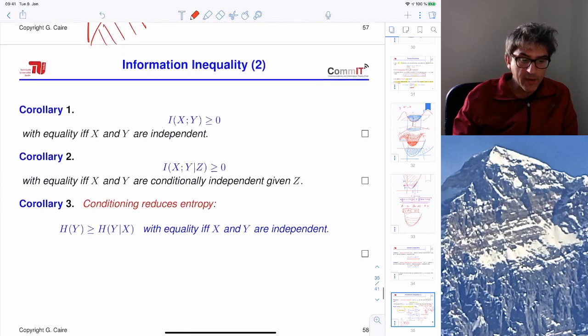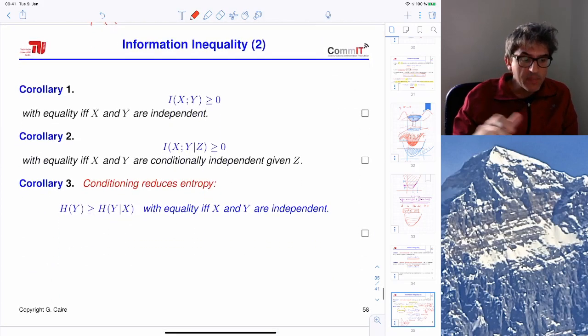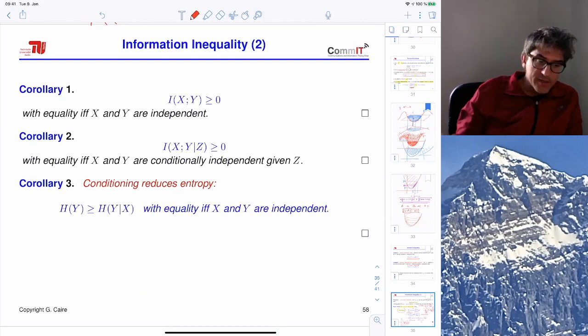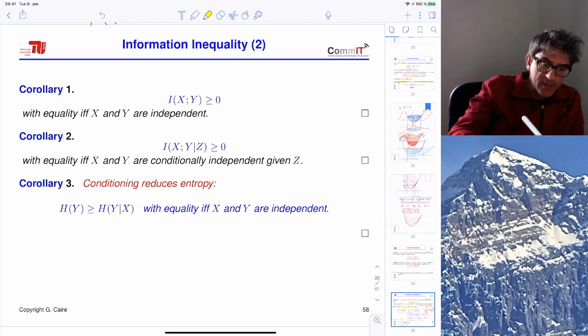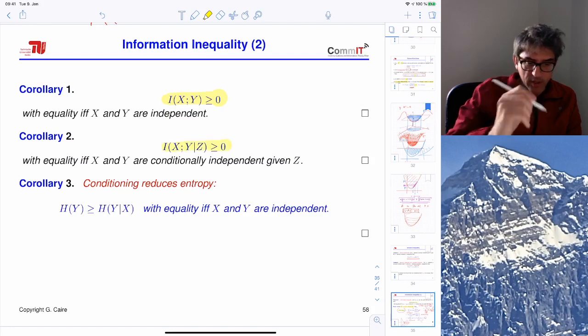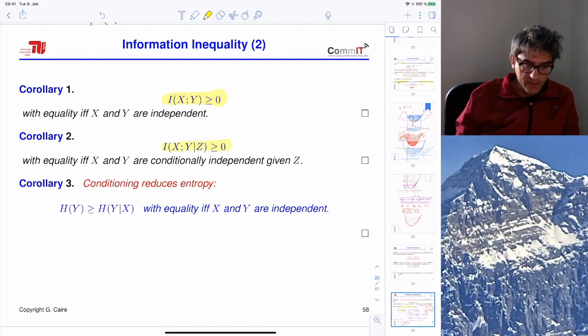So what are the immediate consequences of this result? Well, first of all, since the mutual information is a divergence, then the mutual information is always greater or equal than 0. The conditional mutual information is always greater or equal than 0.